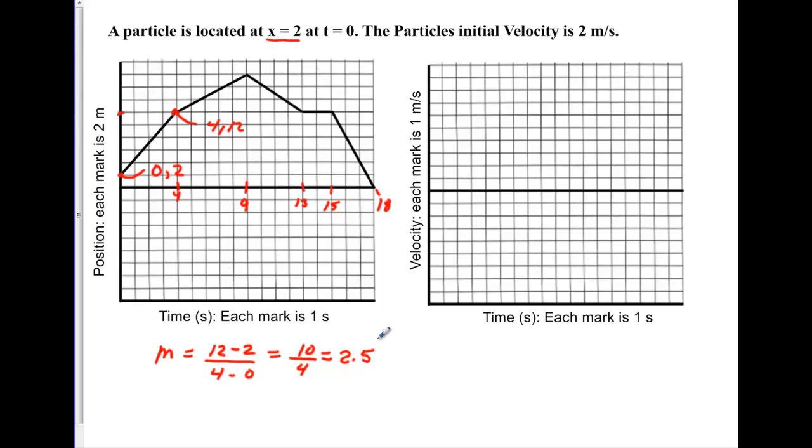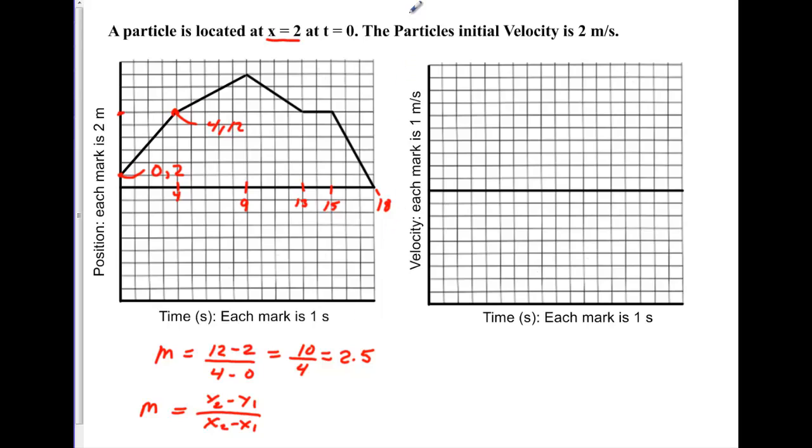So my slope's 2.5. All I'm doing here is basically from Algebra 1, taking the slope y2 minus y1 over x2 minus x1. That will always give you slope. Okay, so we're at 2.5.